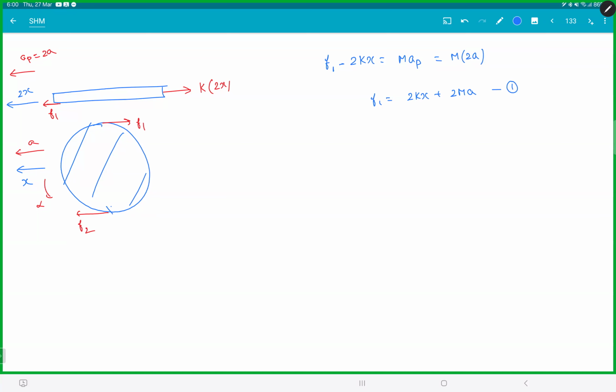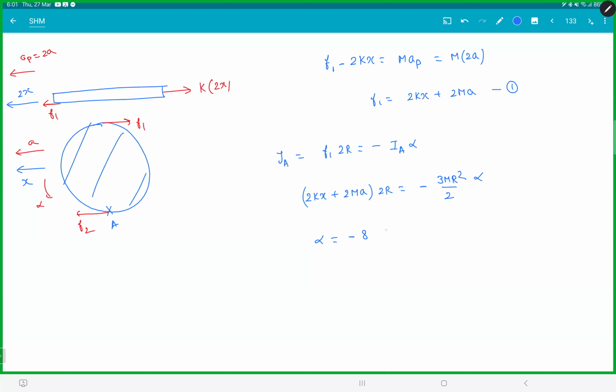Next thing, we will take our favorite point, the ground, torque about A. F2's torque is gone, we have only F1's torque, so that is F1 into 2r is equal to minus I alpha. But what is F1? That is 2kx plus 2ma into 2r, and this is a solid cylinder, so it is mr square by 2 plus mr square, so 3mr square by 2 alpha.